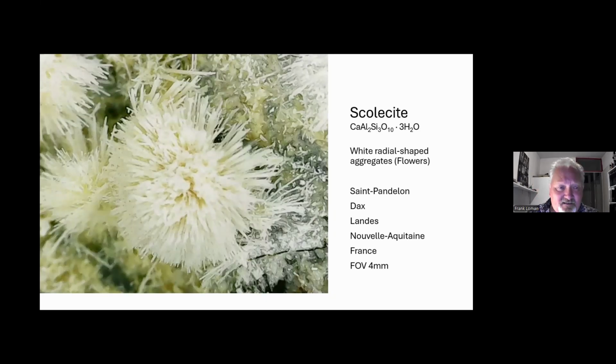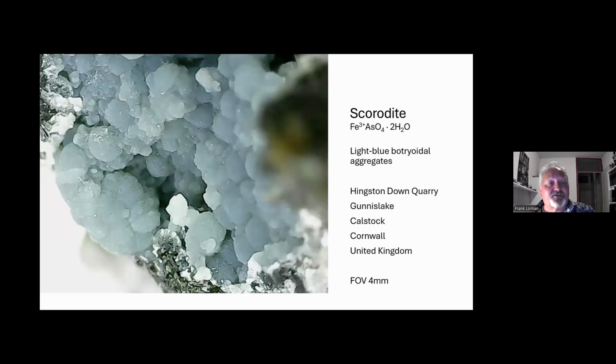Scorodite, it forms flowers, white radial-shaped aggregates from Saint-Pardoux in Nouvelle-Aquitaine in France. It's the more western part of France. Scorodite, well, everybody knows the well-developed, lustrous blue scorodite crystals, which are all over the place.